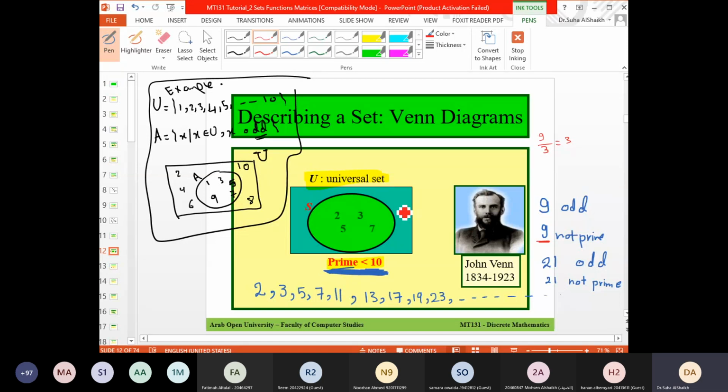It's divisible by 3, of course. 21 is not a prime because if we divide it, for example, by 7, it equals 3. Depends on the question, yes. It's not about how many numbers we put inside. It depends on the question that you have.